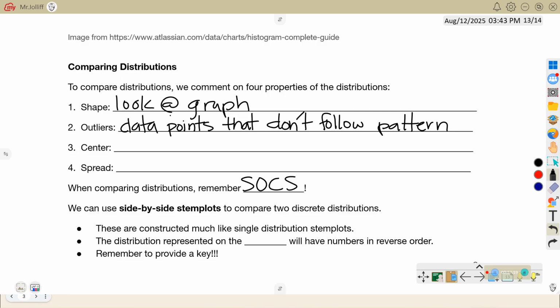Most of your data is between 5 and 10, but you got this one random data point out at 25, that's an outlier. It will stand out from the rest of the data in your picture.